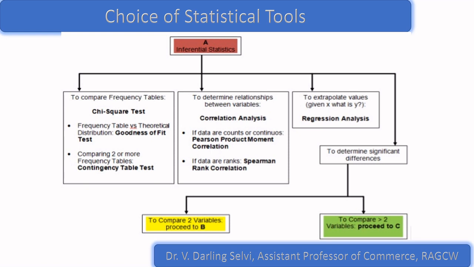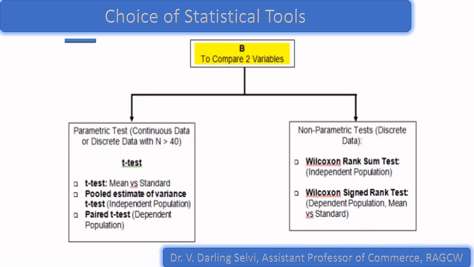Okay, so this is with regards to comparison of two variables. To compare two variables, the parametric test is the t-test. For the non-parametric test, we have the Wilcoxon rank sum test, which is for the independent population, and the Wilcoxon signed rank test, which is for the dependent population.